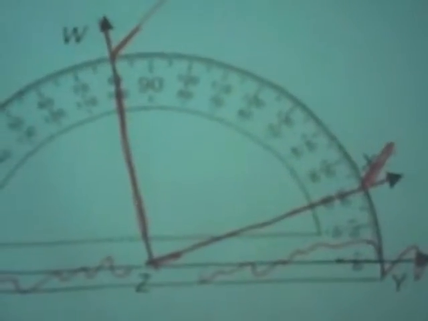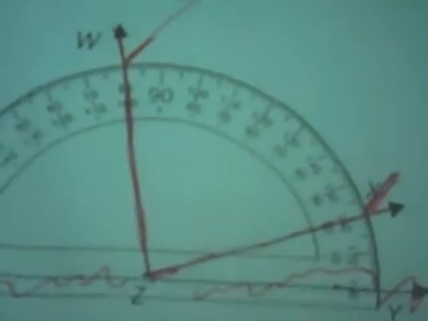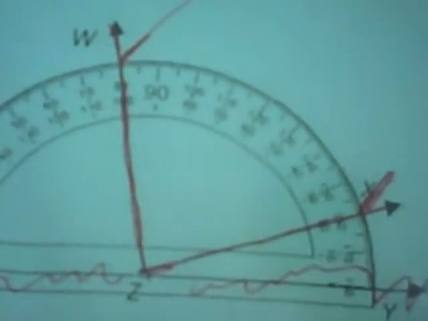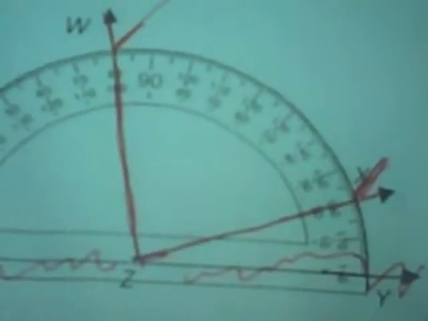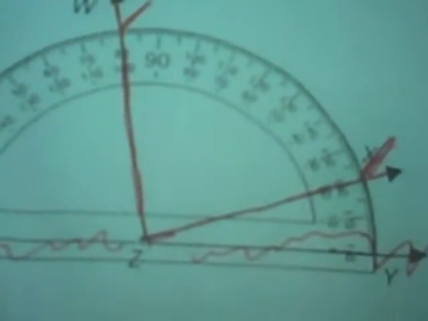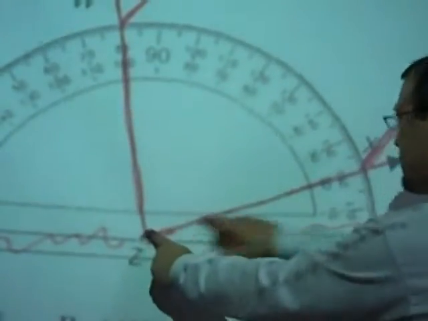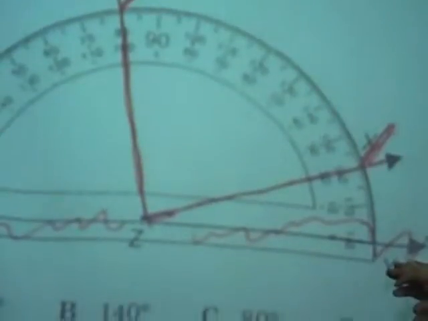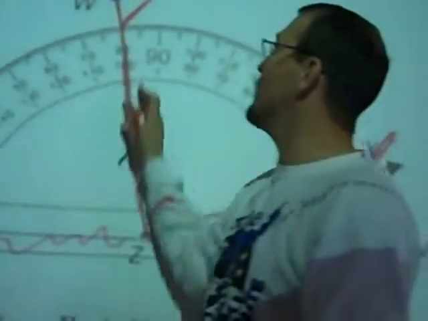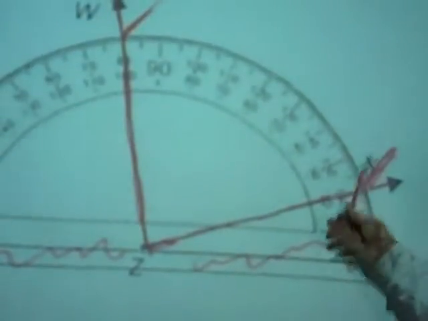And here's where I disagree with the state of Texas. They want us to measure this angle, the red one there. But if you use the protractor correctly, we're supposed to rotate this thing, aren't we? Make this thing run along the bottom, and then just look over here and see where this one crosses, right? But that's not what this says.